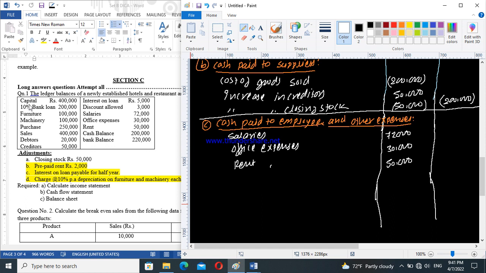Let's have a look. Cash paid to employee, this you should know. Okay, this one is already calculated. Where salaries, employee, office expenses, rent 50,000.